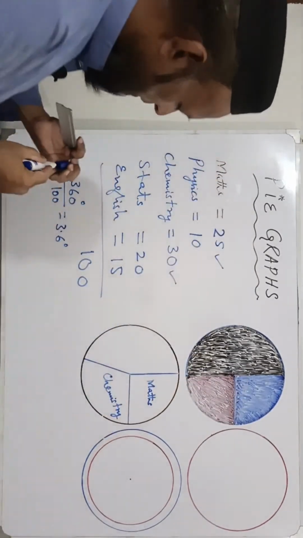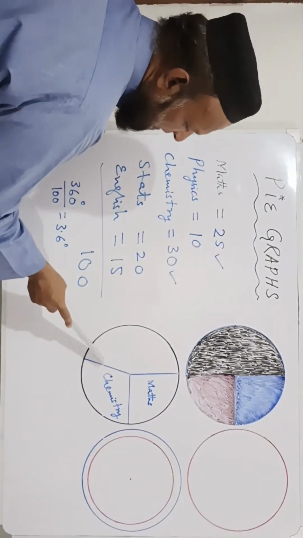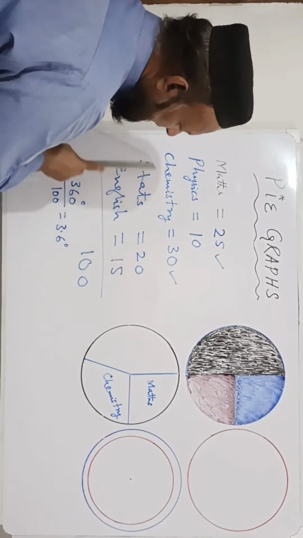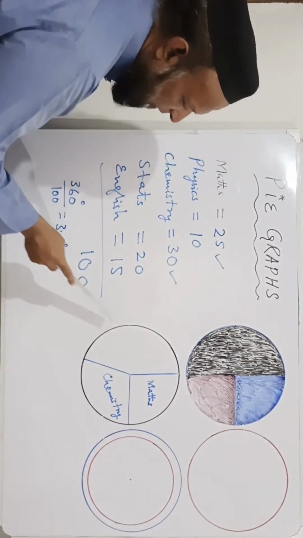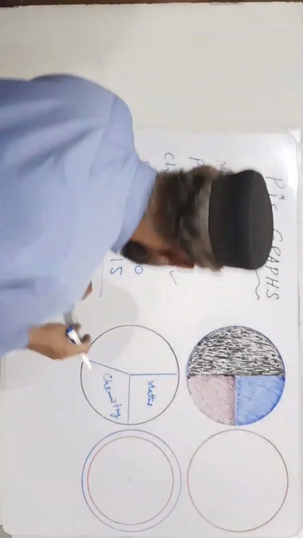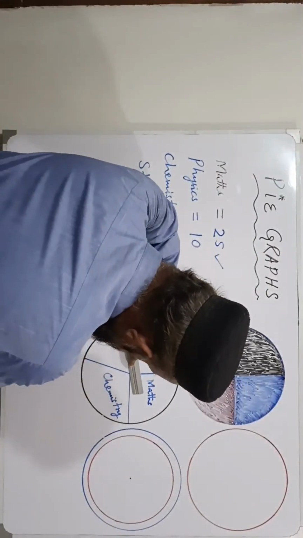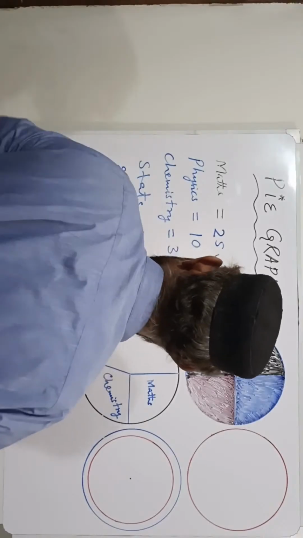Now if 5 is taken from this one, 20 instead will come over here, this will be 25. Okay, straightforward. So we'll move over here.